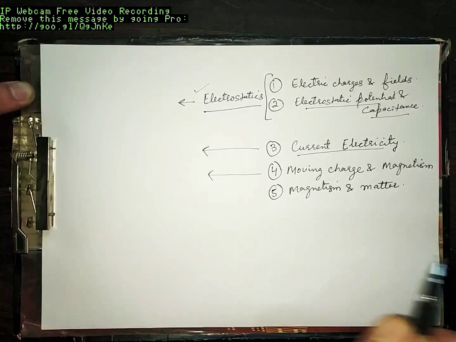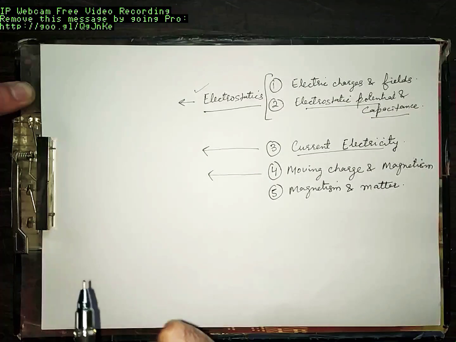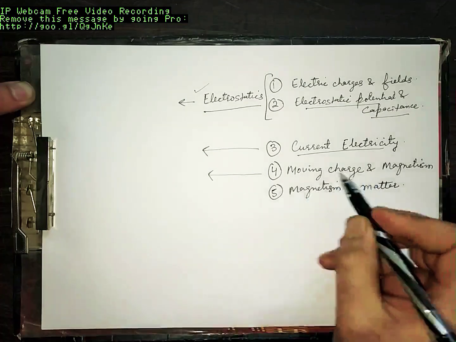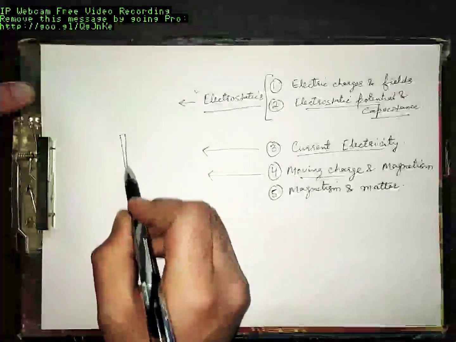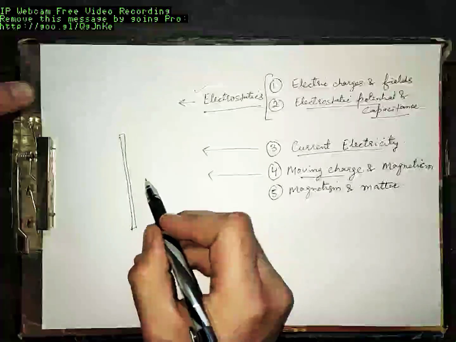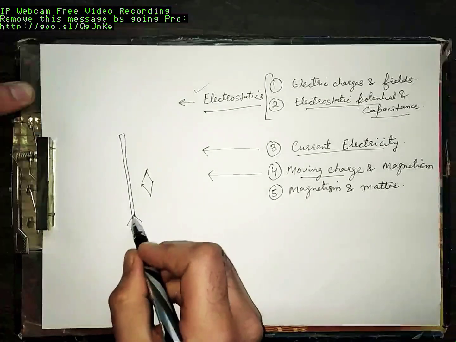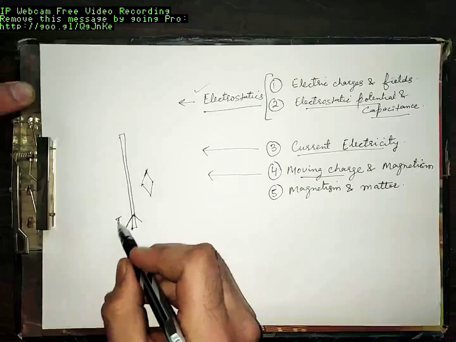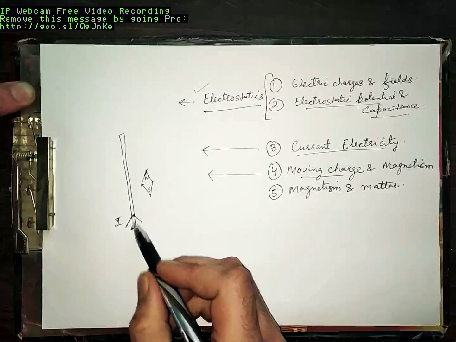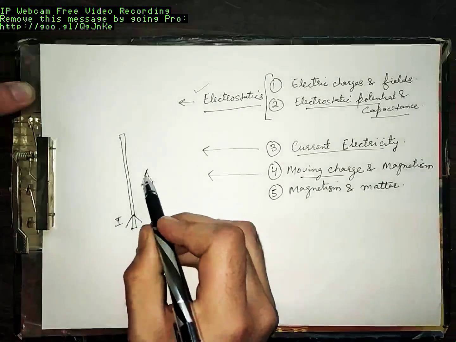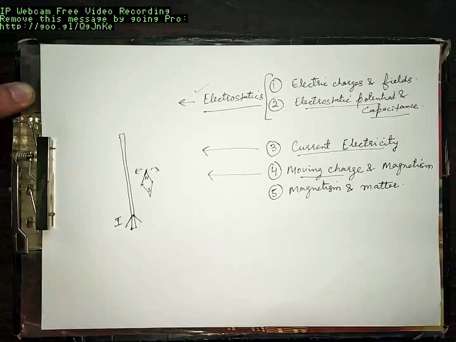And we already know this thing, that only a magnet can deflect a magnet. If a current carrying wire is able to deflect a magnet, that means we had a current carrying wire here, and we placed a small magnetic compass needle in the space nearby the current carrying wire, carrying current I. Whenever this current I flows through this wire, this magnetic compass got deflected, either here or here, depending upon the direction of current.